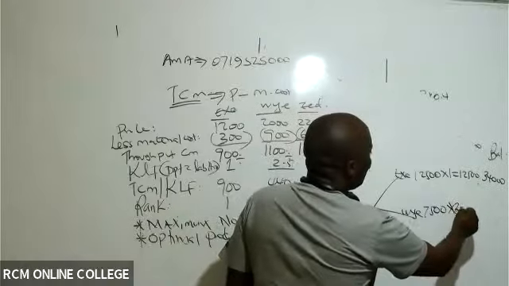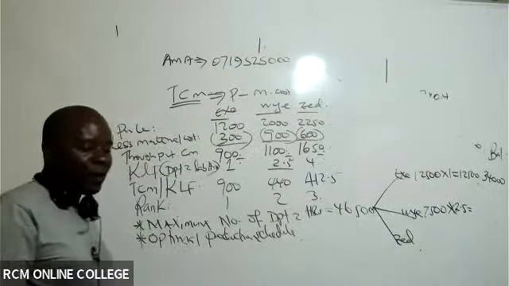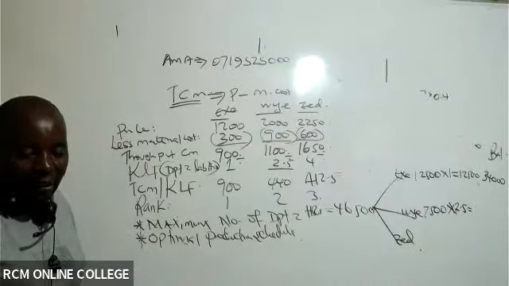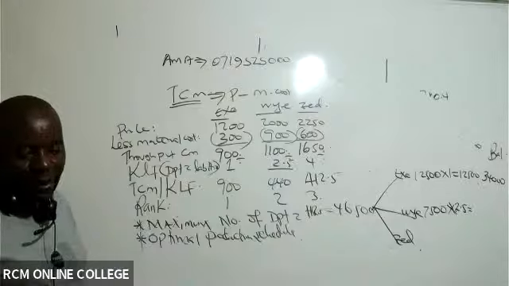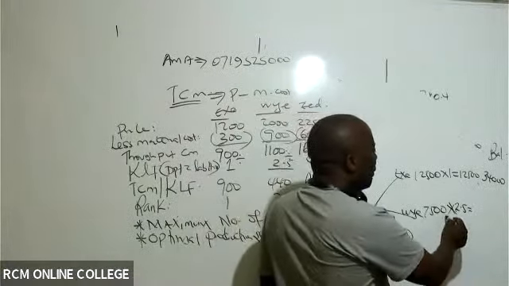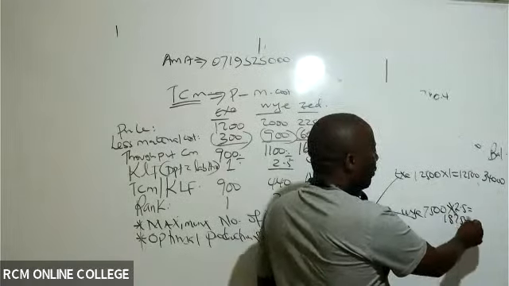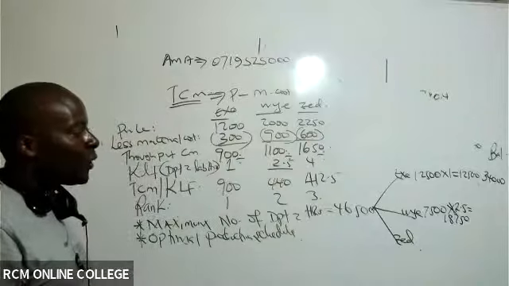So is there someone who can do this multiplication for me? 7,500 times 2.5. What do we have there, somebody? 18,750. Fortunately, 18,750 is well within this 34,000.